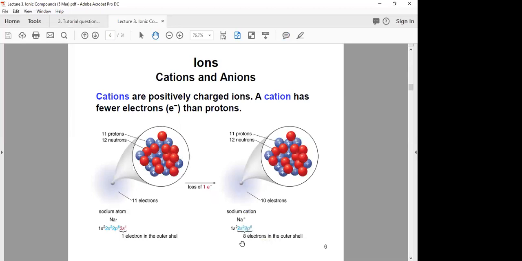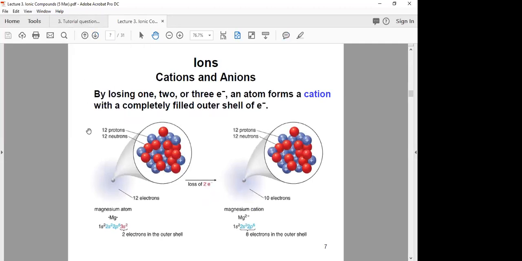So now with this filled outer shell, a full outer shell, and the magic number of 8 electrons, and this is a theme that comes up time and time again, sodium is more stable in this arrangement, in its ionic form, its Na+ form.